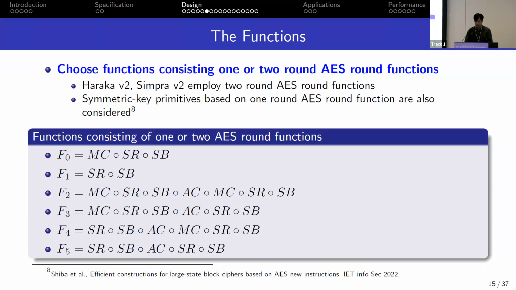And we have 6 functions which can be constructed by one or two AES round functions.